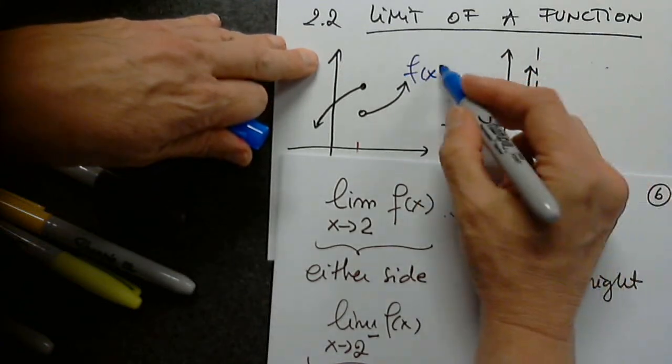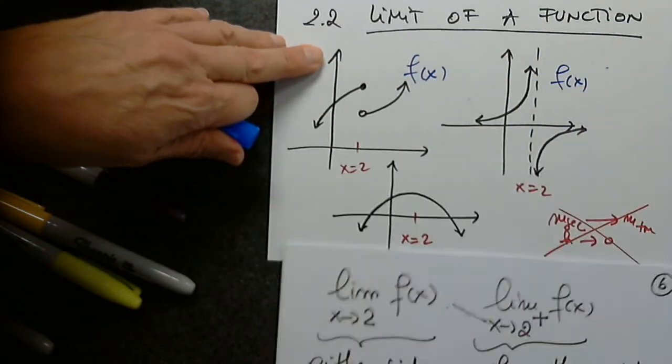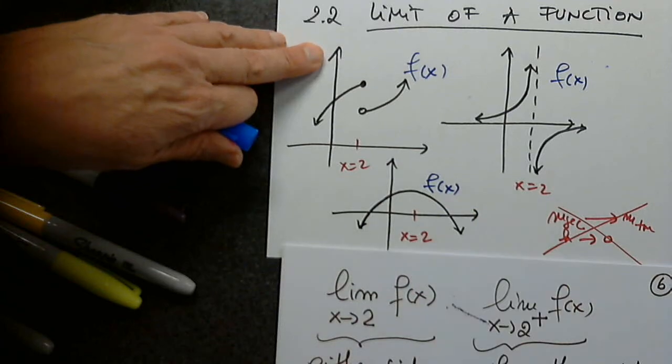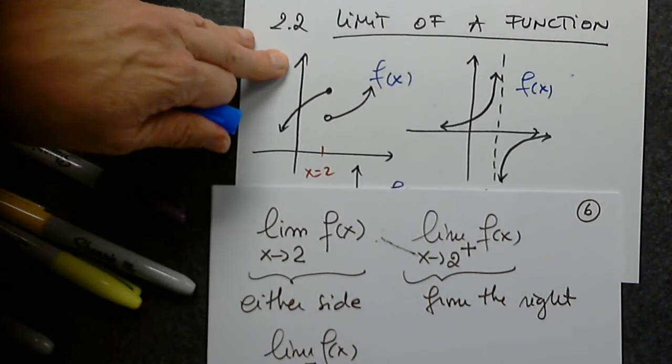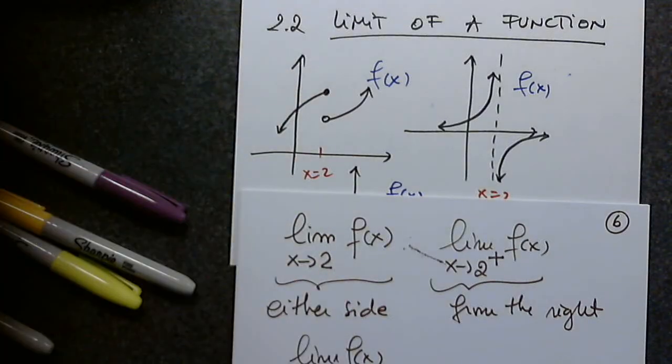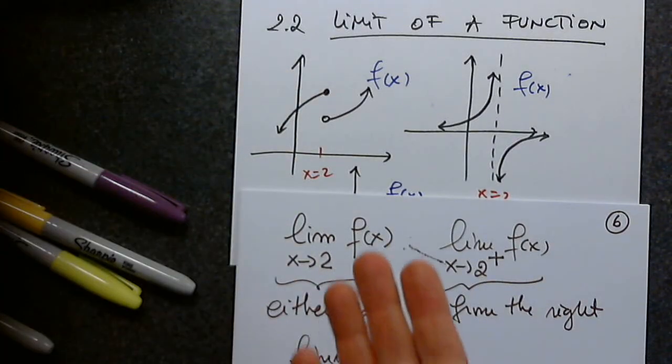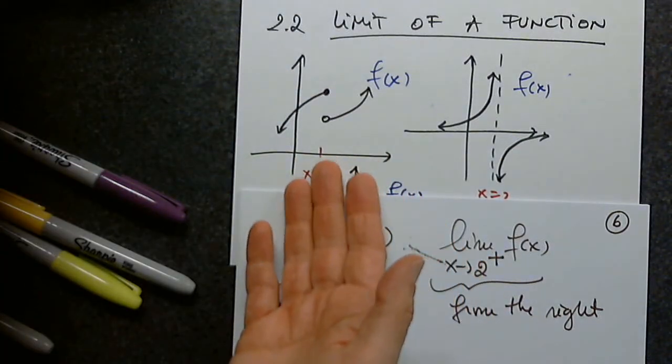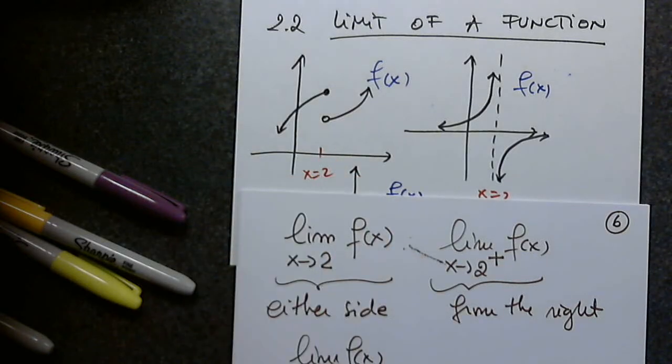F of x is here, f of x is here, and of course f of x is here. They're all our f of x in our discussion. So if I ask you what is the limit from either side of f of x, what will you say? You will say on one side is this, and on the other side is this. What will the limit be? It does not exist.